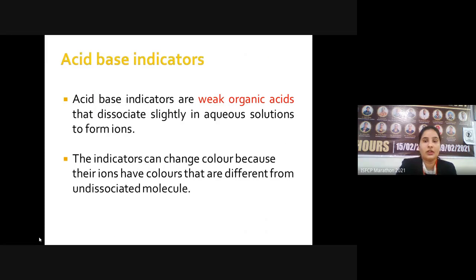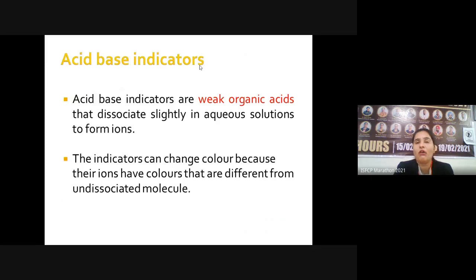Now, what are acid base indicators? Acid base indicators are weak organic acids or weak organic bases which dissociate slightly in aqueous solutions to form ions. The indicators change color, and we have studied different theories for that. According to Ostwald theory, indicators change color because they have different colors in the dissociated and undissociated forms.